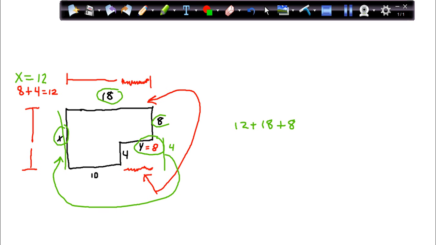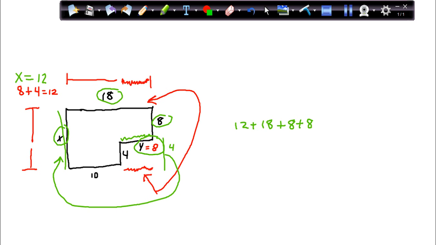So you have 8 there. And where's your other 8? This piece, Y. Remember, right here. Oh, that's 8. So that's 8 plus another 8. So you're just going to go around the perimeter of the shape and add up the missing parts.